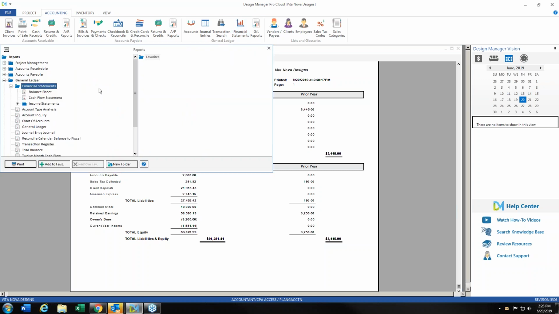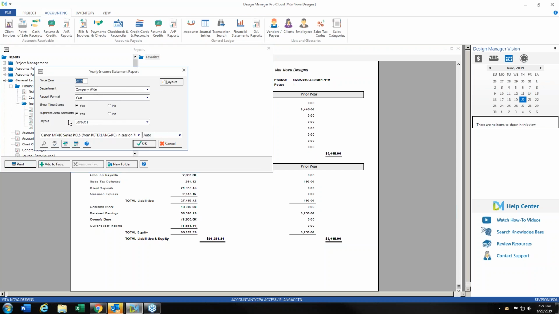All right, so if we move on here to the profit and loss or the income statements, let's just see. What's cool about this is we can look at the monthly income statement. You can break it down by quarterly, yearly, comparative, or custom periods.